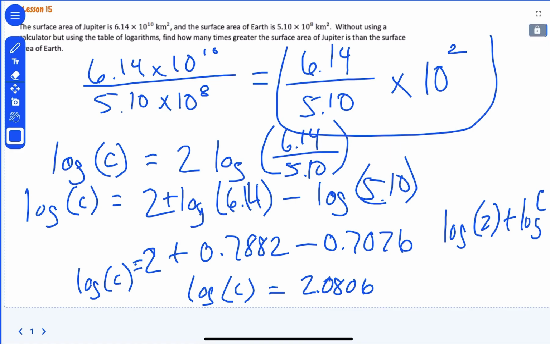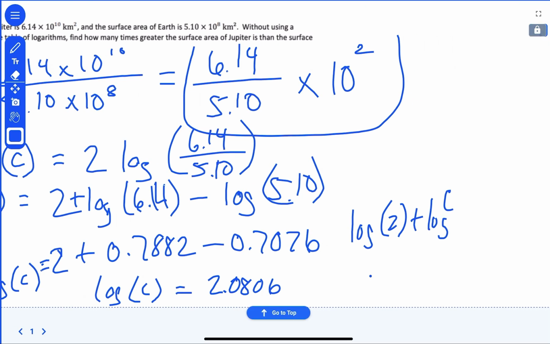I think I can move over a little bit. Log 0.0806.